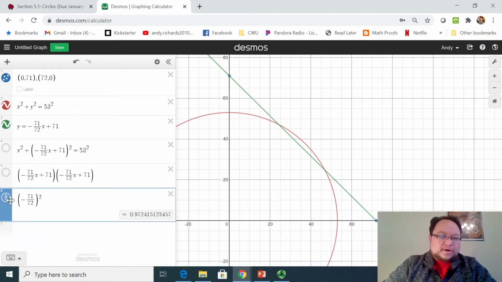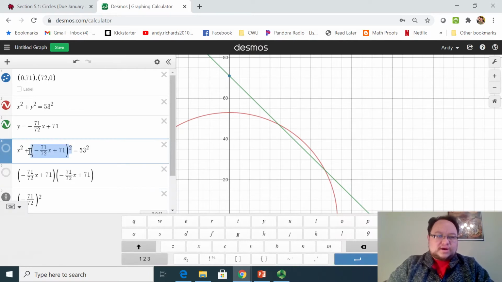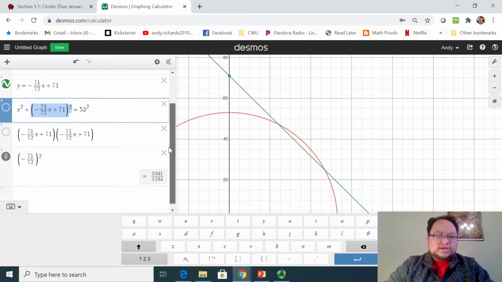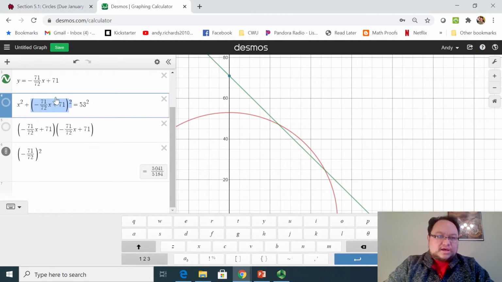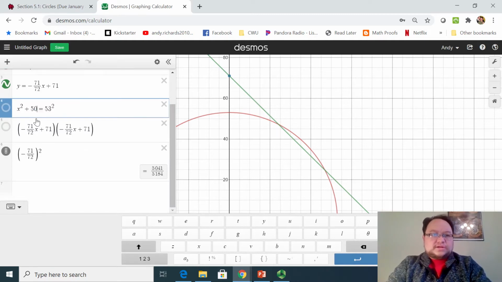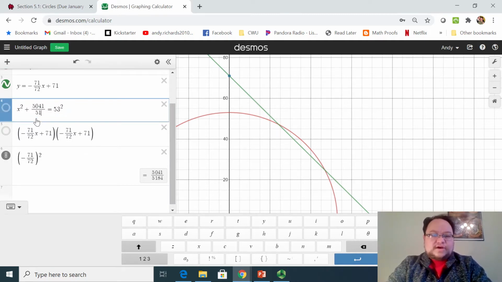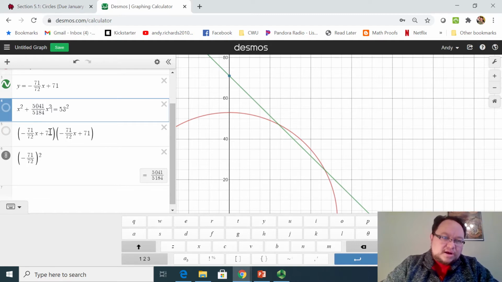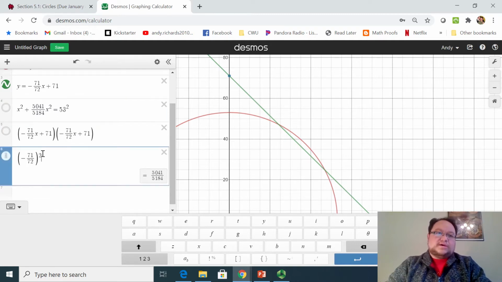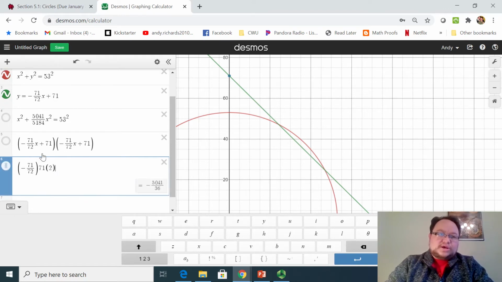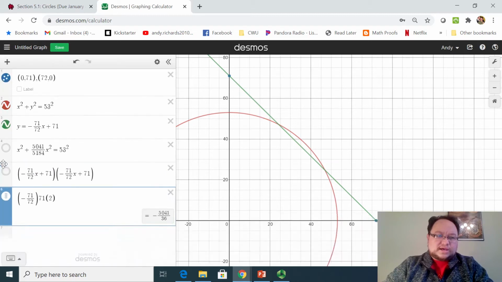And then I'm going to have Desmos do all the heavy lifting for me here. So I'm going to take my first part and put it right in there. That's going to be 5041 over 5184. That's how many x squares I have in there. And then my outer and inner parts are where my x's are going to come from. So I'm going to have two multiples of 71 times negative 71 over 72.